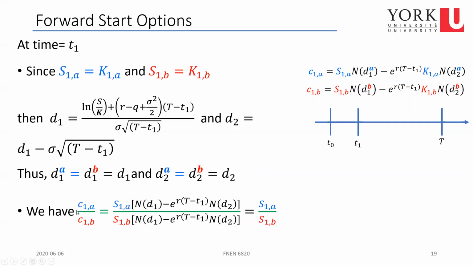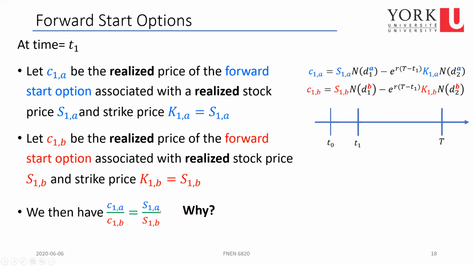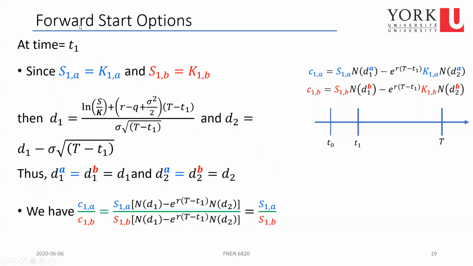Therefore, the ratio between C1A, which is the price of the forward start option if scenario A materializes, divided by the price of the call option if scenario B is realized, is equal to the ratio of the stock price realized in A and the stock price realized in scenario B, okay? So we have derived the condition we're looking for. And let's see how this condition will help us to price this forward start option.